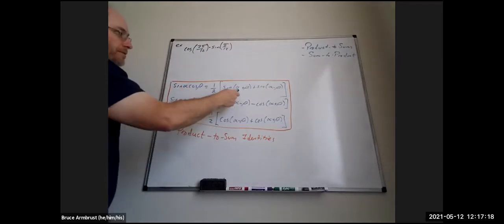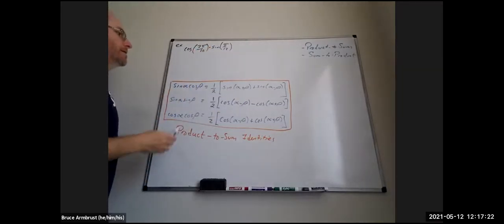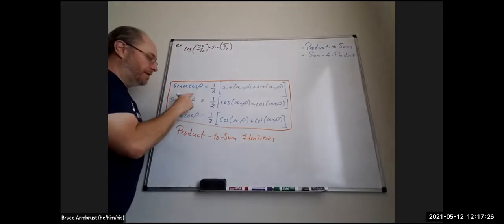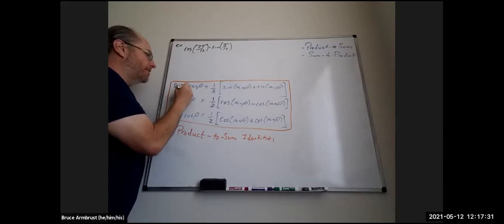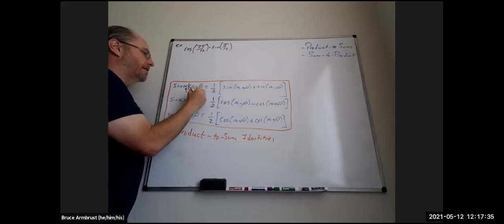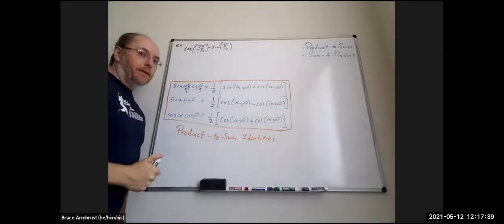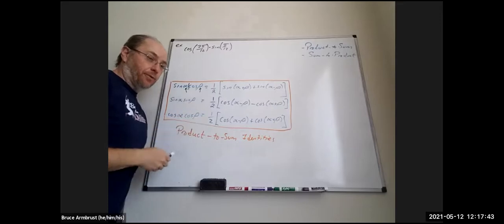So all we have to do is replace the alpha and beta with these two angles. But it's very important with this first one, and this is really only true for the first one, you have to be very careful about the fact that alpha is the one that's in sine and beta is the one that's in the cosine. Because multiplication is commutative, you can write it in either order.